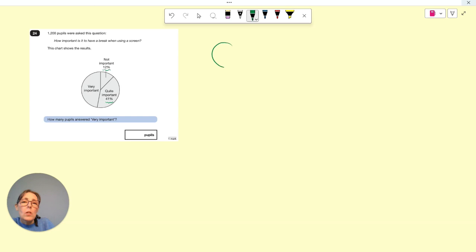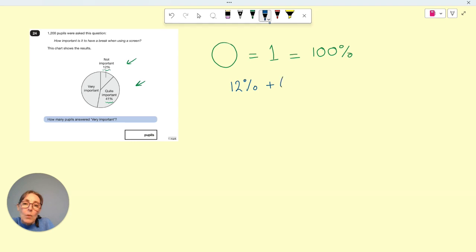Okay, well, it's a whole circle, so the whole of it must equal 1 because it's a whole. But what they've done is they've used it as percentages. So what's 1 as a percentage? So it's 100%. 100% is the whole thing. Well, we've been given 12% and we've been given 41%.